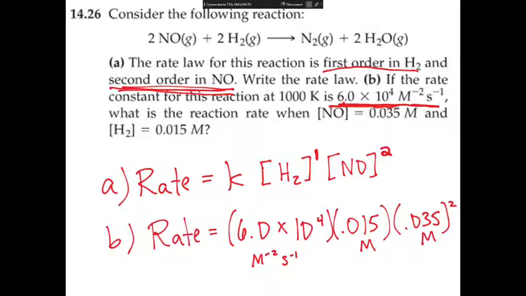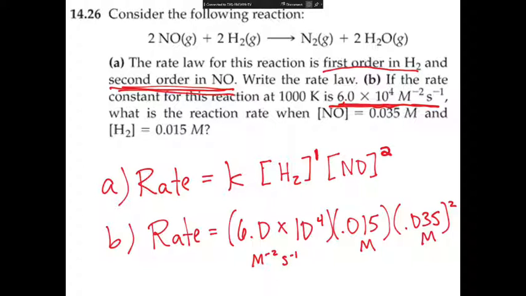The unit for K was molar -1 seconds -1. When it was third order overall, like this example that we've got on the screen right now, it's molar -2 seconds -1.